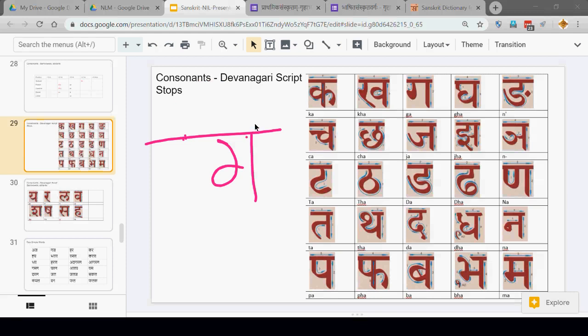And if we add the vertical line after the base letter and join these two, it becomes long ee sound.